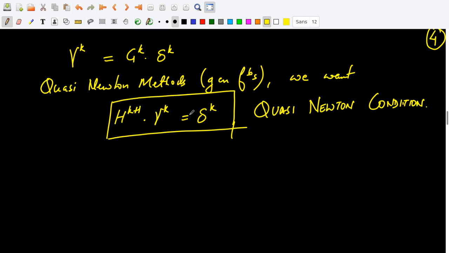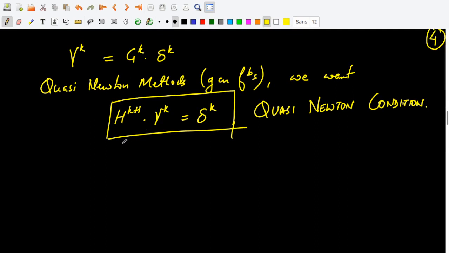Once we know delta, we visit the new point and compute gamma. Only once delta and gamma are known can I find the next H, which would be H_{k+1}.